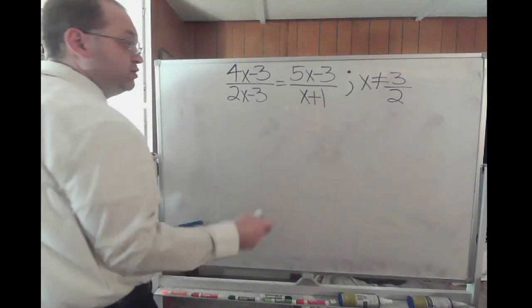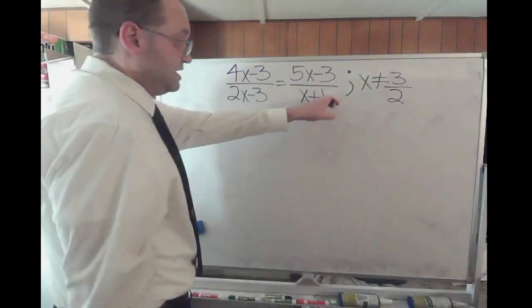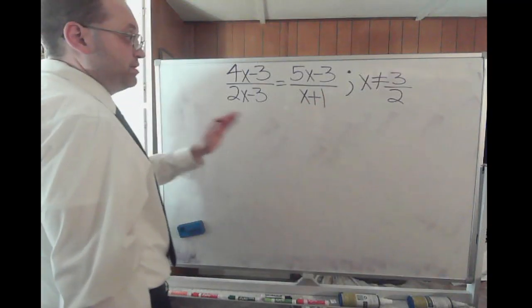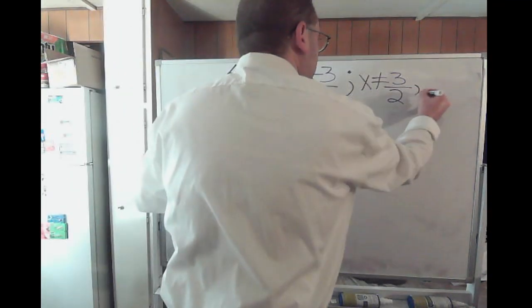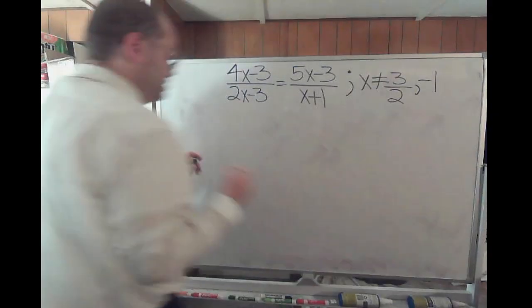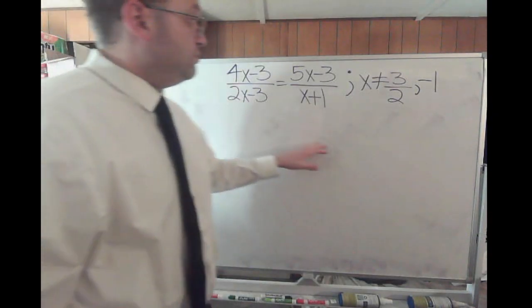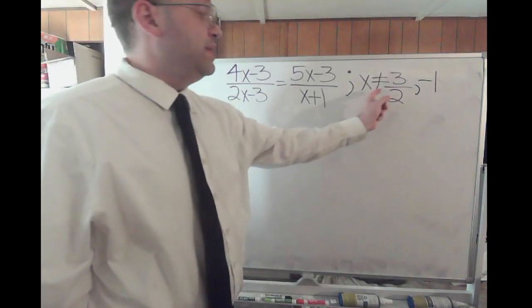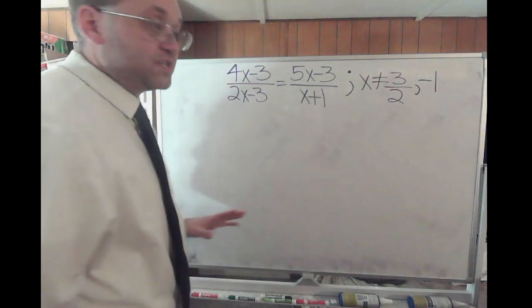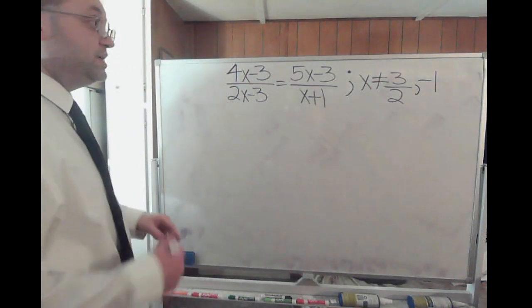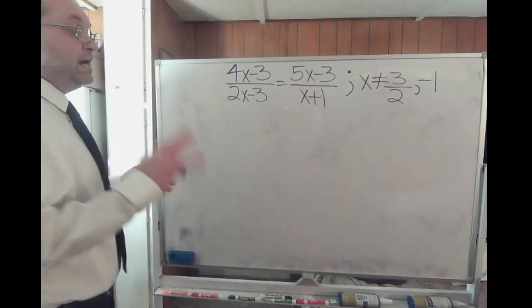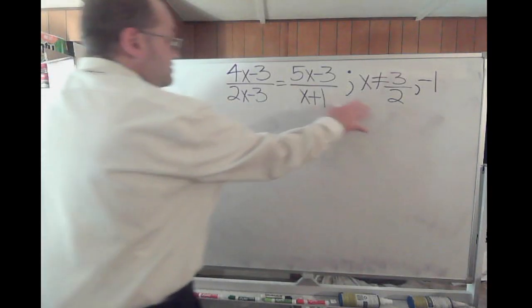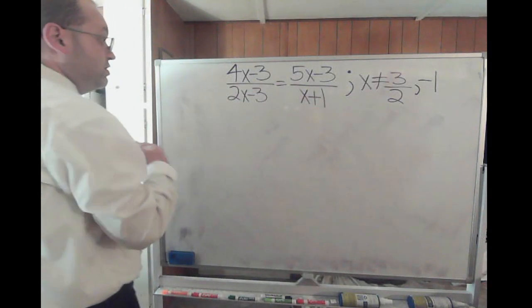We know x equaling negative 1 would make this denominator 0, which would make the expression undefined. So x can also not equal negative 1. So as long as we don't get 3 halves or negative 1, we're good. If we get either of those values, we have to discard the solution or solutions. So now that we've established those parameters, let's go ahead and cross multiply.